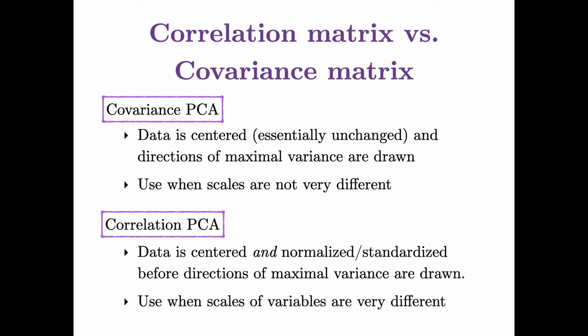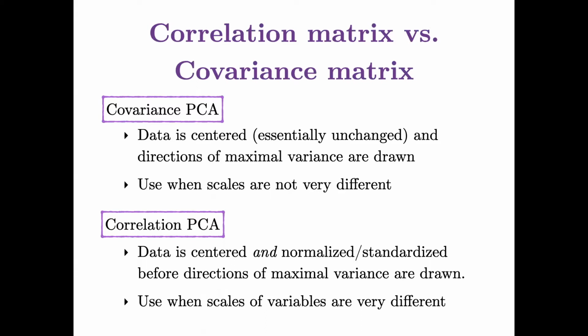So we should use covariance PCA when the scales of our variables are not very different. Now, there are many instances where this is the case. In genetic analysis, in a lot of image analysis, Likert scale response analysis, oftentimes you have a fixed scale on which the variables can be.